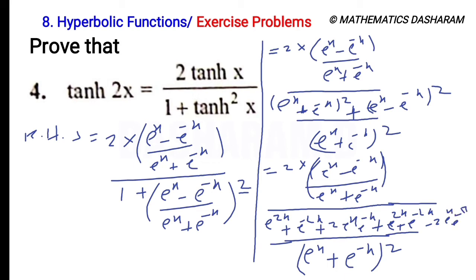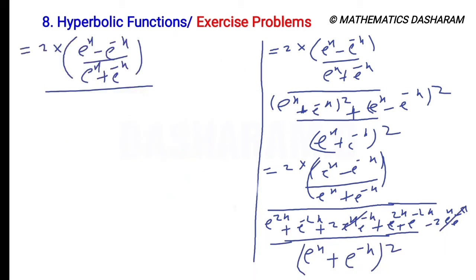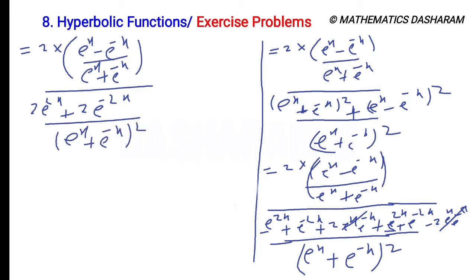So now here both terms will get cancelled. So e to the power of 2x, here also e to the power of 2x, so 2 into e to the power of 2x, similarly 2 into e to the power of minus 2x, so divided by (e to the power of x plus e to the power of minus x) whole square.